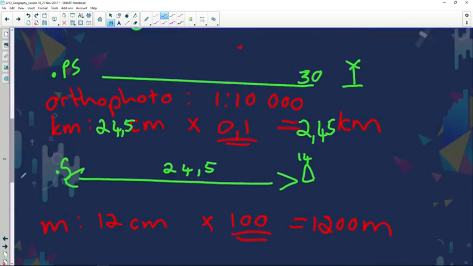Now that's how you calculate distance on an orthophoto and a topographical map. Now, in conjunction with this lesson, first of all, once you get your question paper and you get your topographical map, remember you're going to get a topographical map with a scale of 1 to 50,000, and you get an orthophoto with a scale of 1 to 10,000. Now, before you're answering your questions, have a look around.